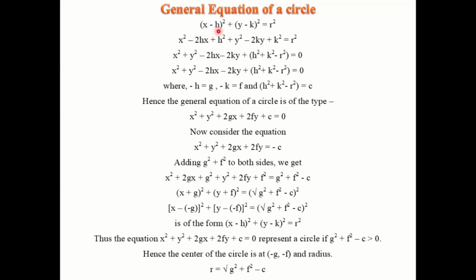(x minus h) bracket square is x square minus 2hx plus h square, plus y square minus 2ky plus k square, equal to r square.